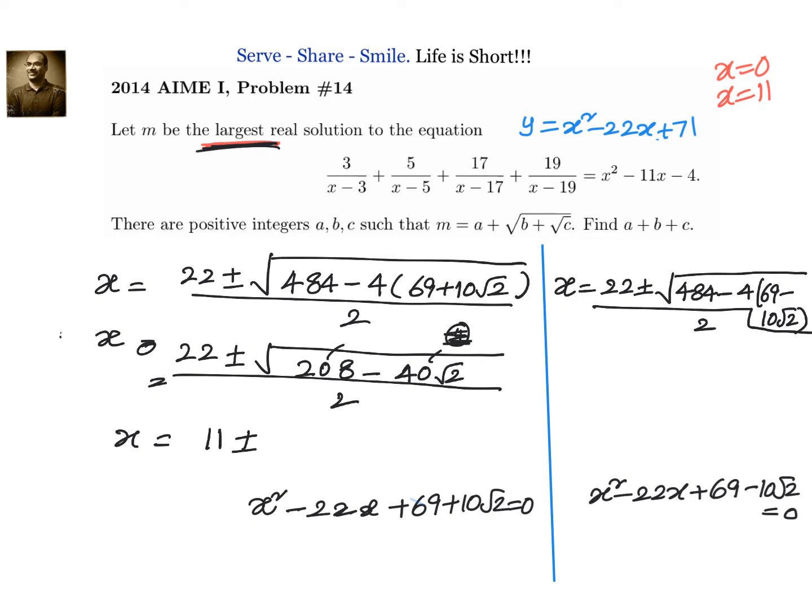So that will become root of 52 minus 10 root 2. When you go on the other side, you will get x equals 11 plus or minus root of 52 plus 10 root 2.